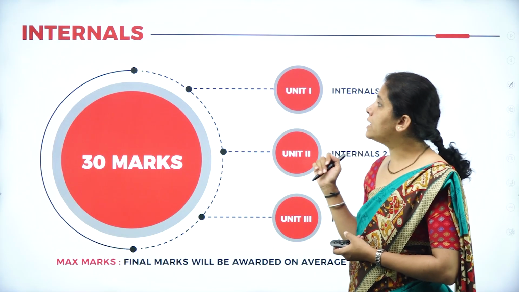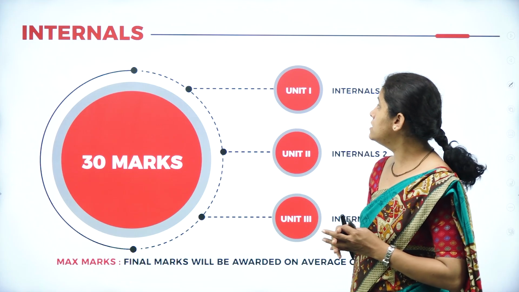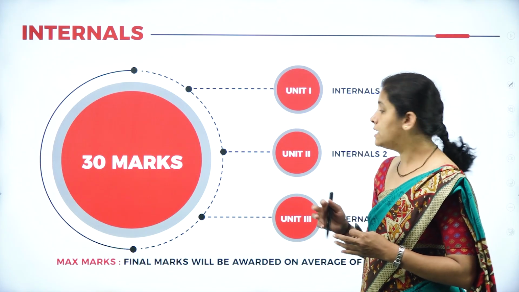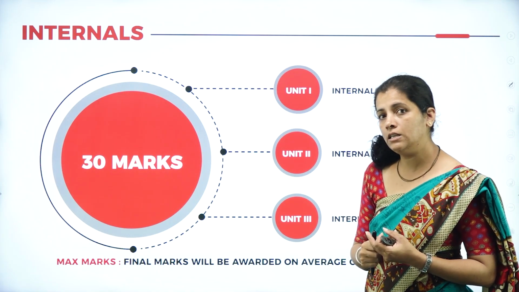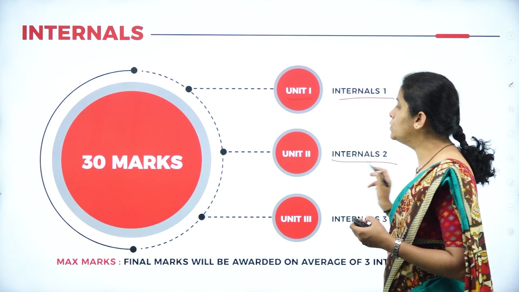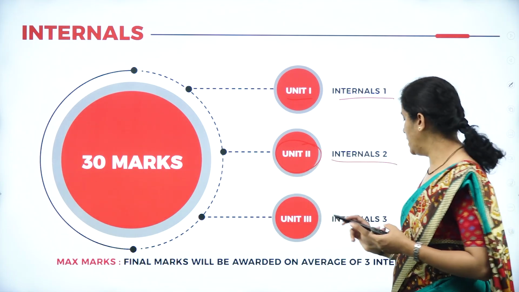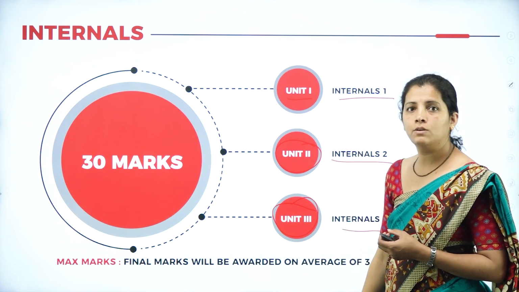Now, how many internals can you have? That is 2 internals. If we get the time, you can have a 3rd internal. Internal 1 covers unit 1, internal 2 covers unit 2, and internal 3 covers unit 3. How many marks?